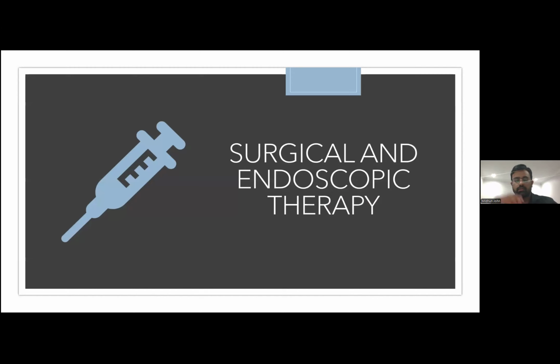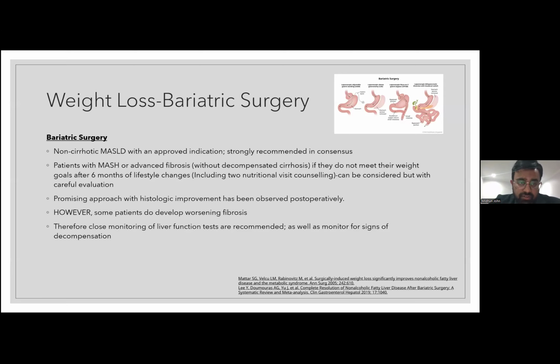The next treatment modality, as was presented earlier, is surgical and endoscopic therapies. For weight loss, bariatric surgery has been recommended, especially in patients with non-cirrhotic MASLD with an approved indication, who weren't able to meet their goals after 6 months of lifestyle changes. In the consensus, they strongly recommended that it should be considered in non-cirrhotic MASLD.